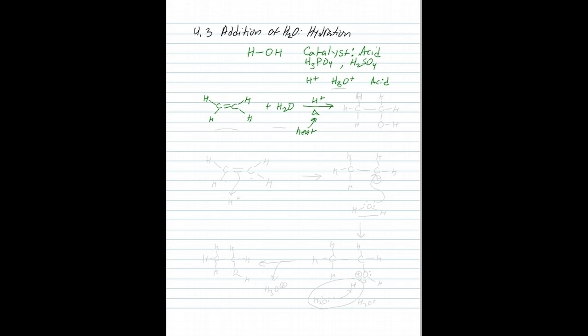So I'm reacting an alkene with water in the presence of an acid catalyst, and the reaction is the same exact thing. You get the same type of product as you did in the HX reaction, but this time you have an OH on your carbon rather than an X. Now, one of the definitions of a catalyst is that it gets regenerated at the end of a reaction.